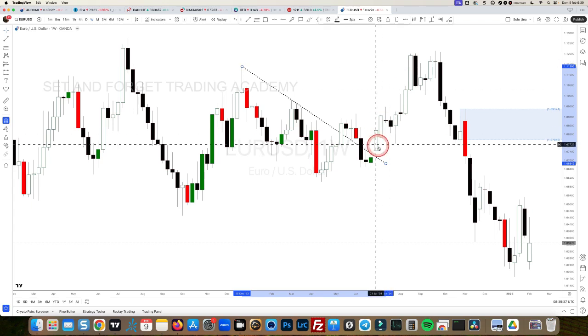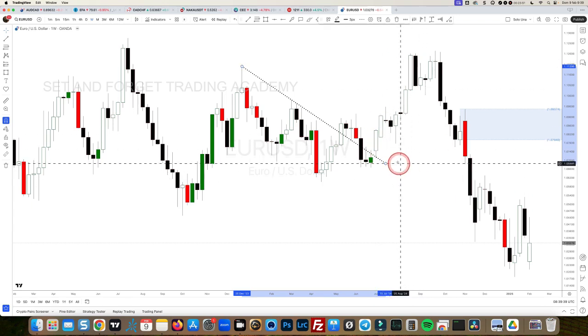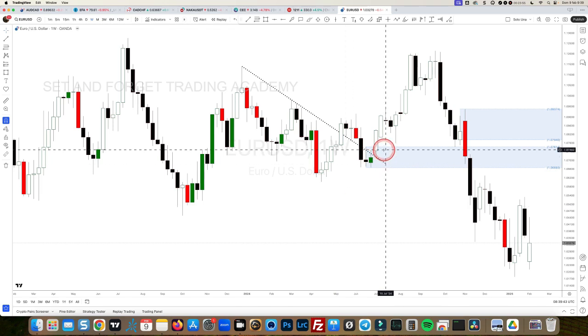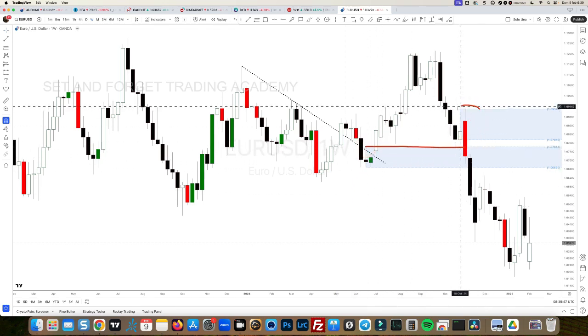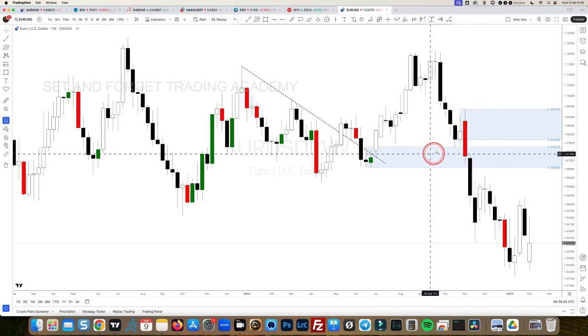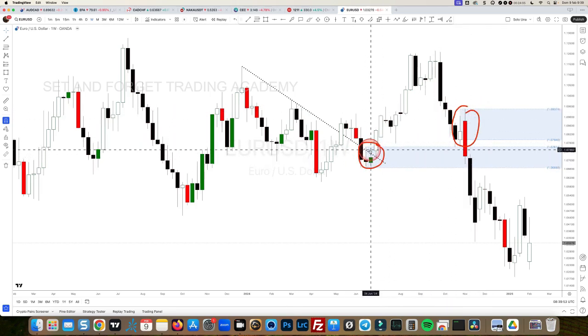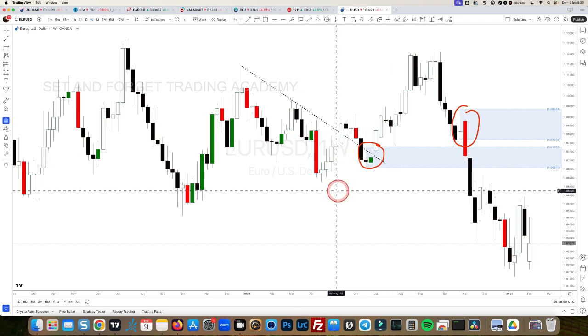So the origin of the move, you could say, okay, I'm going to draw the imbalance here. Perfect. Now demand was eliminated by this. This is a chain analysis. Now we've got an imbalance that broke the demand level that caused the break of the trend line.